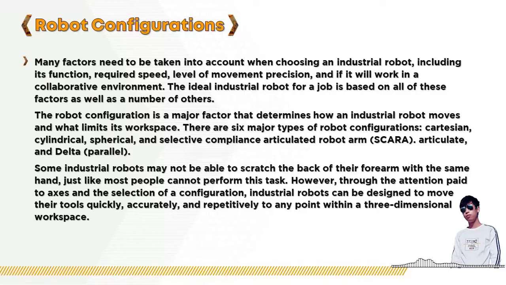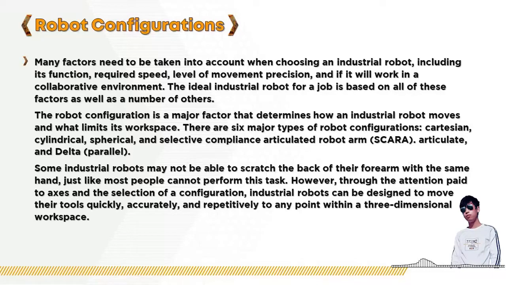We are now on robot configurations. When selecting an industrial robot, there are many things which need to be considered, such as what is its purpose, how fast does it need to move, what precision of movement does it need, will it be a collaborative robot? All of these considerations and many others determine the type of industrial robot which is best for a job.